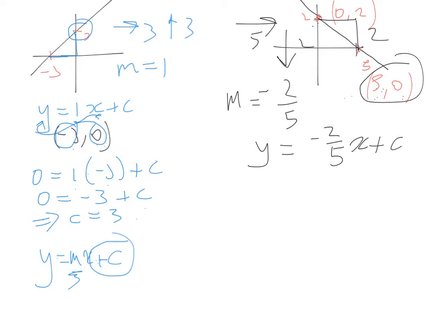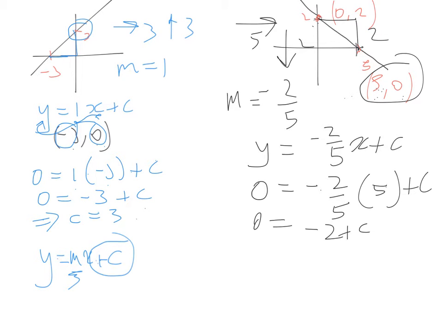So 0 equals -2 over 5, and instead of x, we write down 5, plus c. So 0 equals -2 over 5 times 5, which is -2, plus c. So then c equals 2, because -2 plus 2 gives us 0.